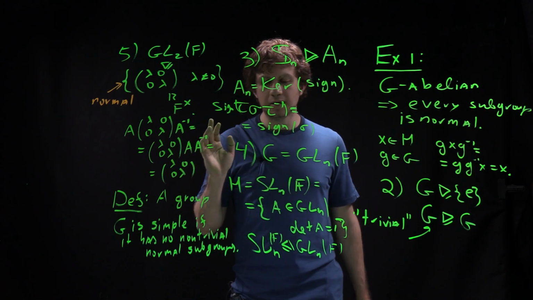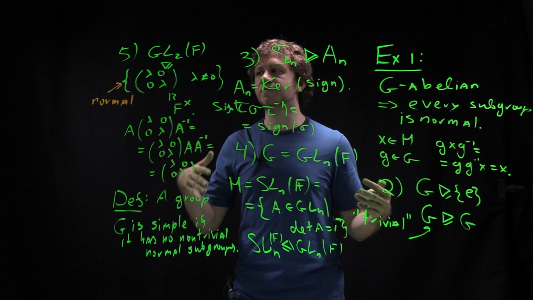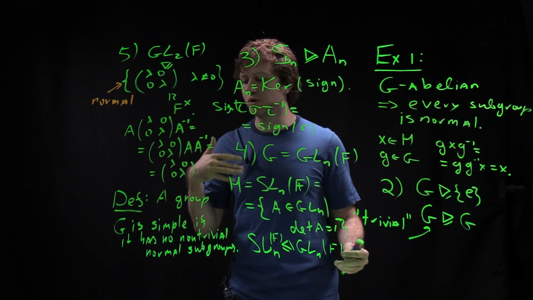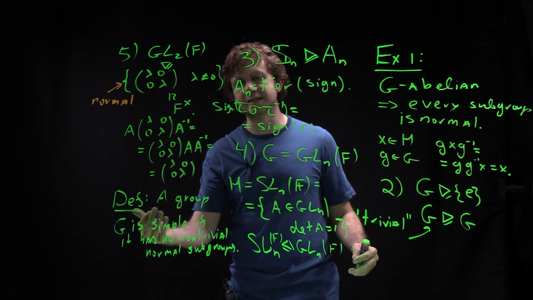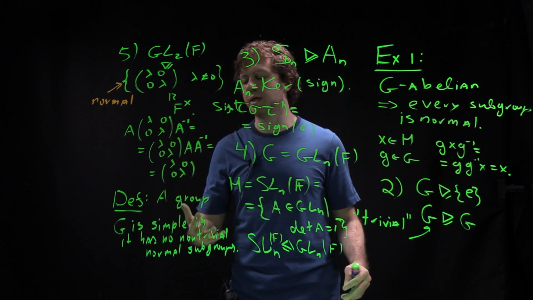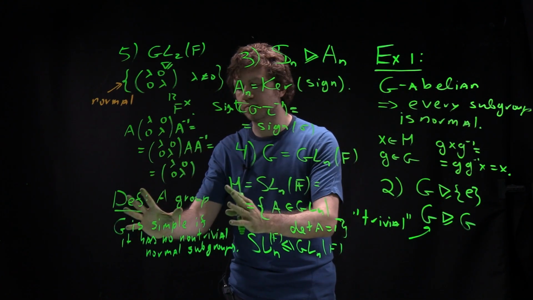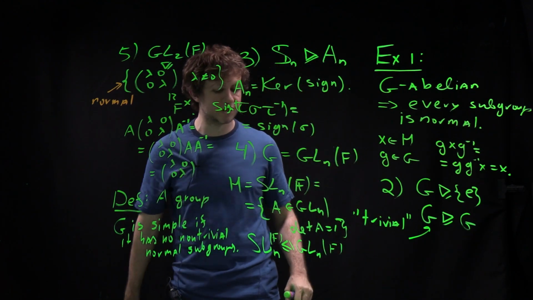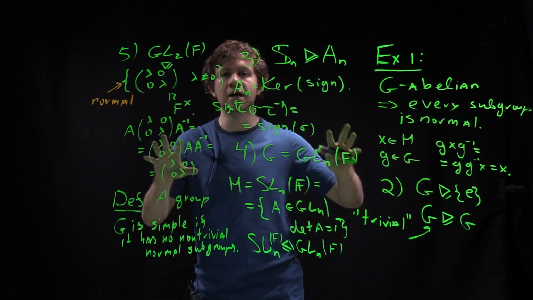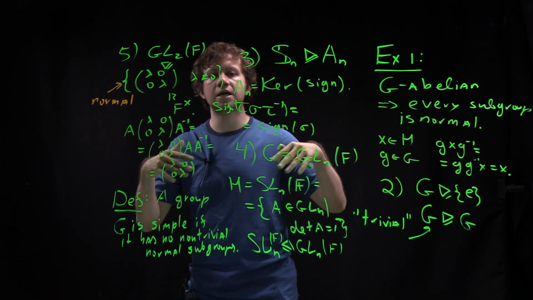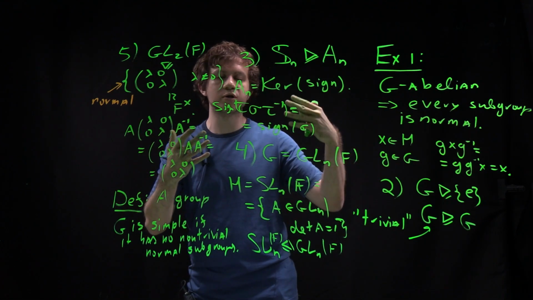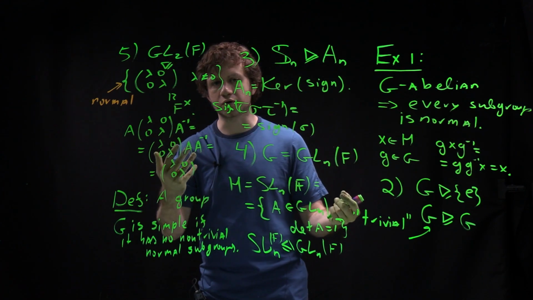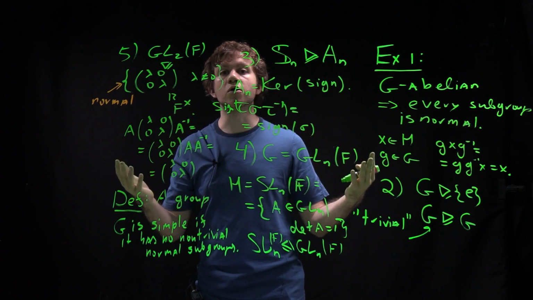The whole story of trying to understand and classify finite groups usually goes through, first, trying to understand simple groups, and then trying to understand how to build new groups from the simple blocks. The reason is that if you have a normal subgroup, it means that you have some homomorphism, and you can sometimes split your question of studying your group into studying this homomorphism and its kernel and how they interplay.